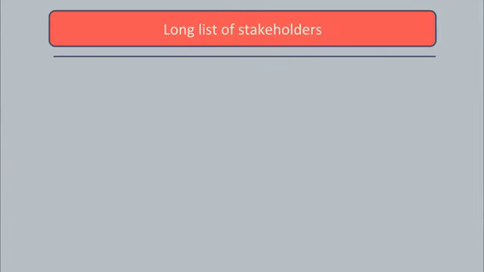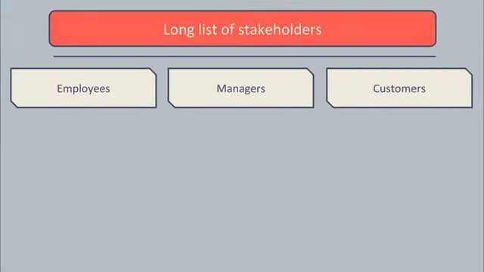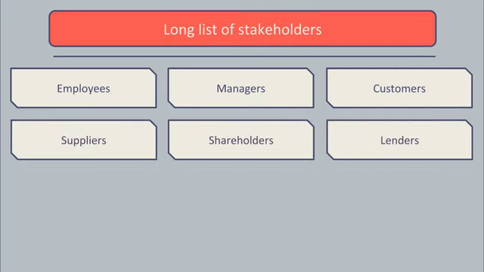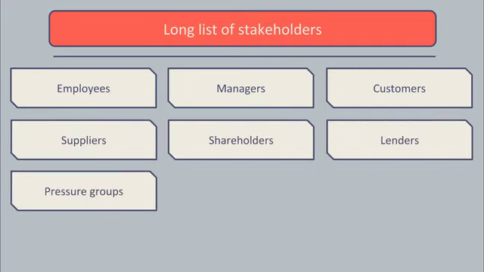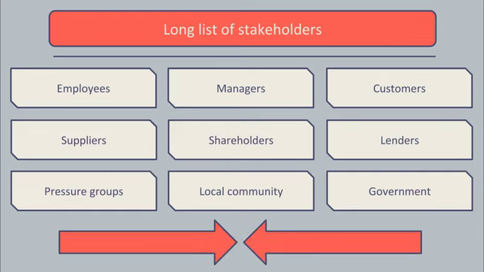Organisations have a long list of stakeholders, all wanting something different from the business. Employees, managers, customers, suppliers, shareholders, lenders, pressure groups, the local community, the government. It's a long list. They all want different things as well, and sometimes this can create conflicts among the stakeholder groups.